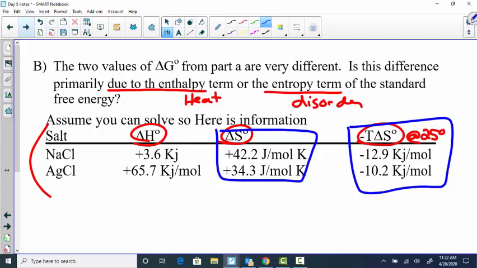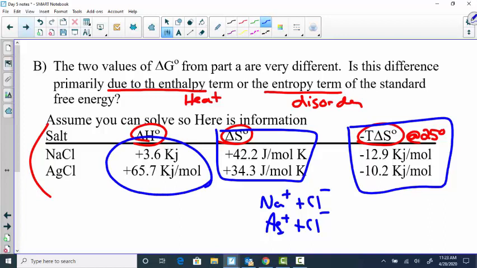And that makes sense because they both produce two ions. That would produce sodium and chloride. The other one would produce silver and chloride. So they both, in terms of their disorder, are relatively the same. So that, looking at the heat then, means that this is definitely something that is heat dependent.